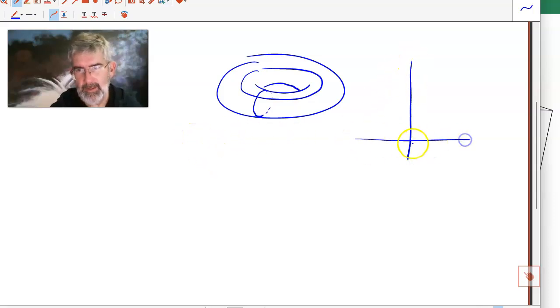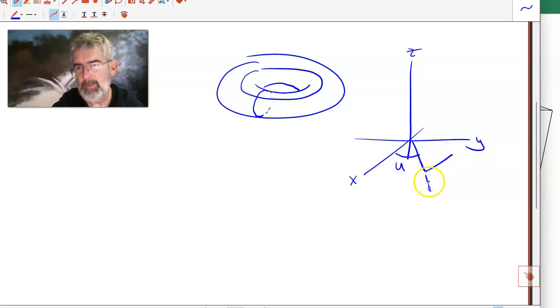But here's the way I'm going to do this. My two parameters are going to be essentially an angle from, let's call the x-axis, the y-axis, the z-axis. So in the xy plane, let's draw an angle, let's call that u. And then if I extended this way, keep it going a little further, but I'm going to go up to here, and this is up towards the z direction.